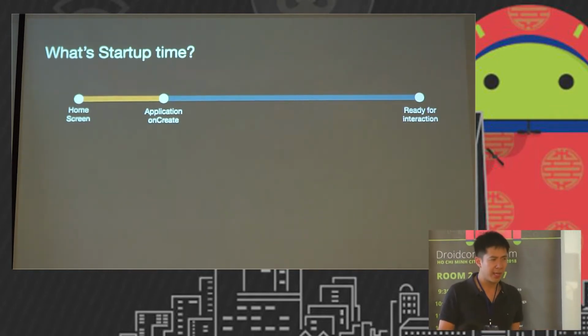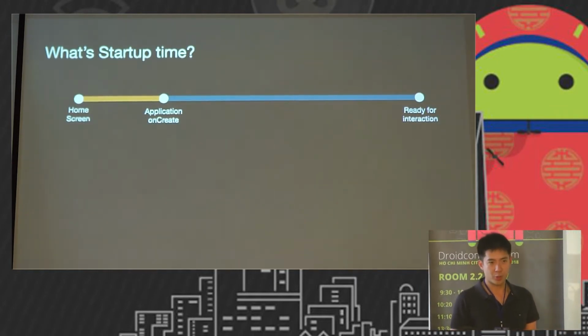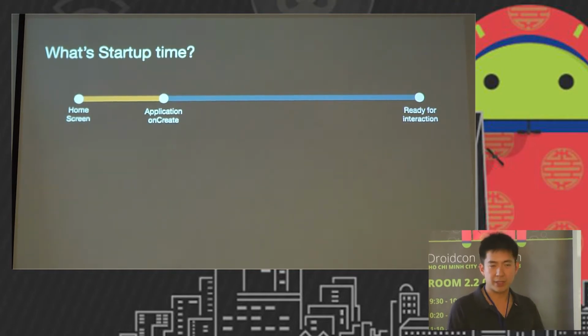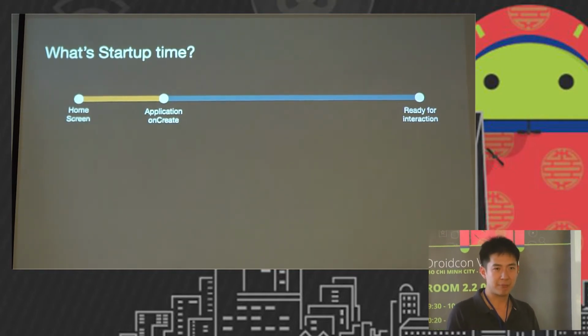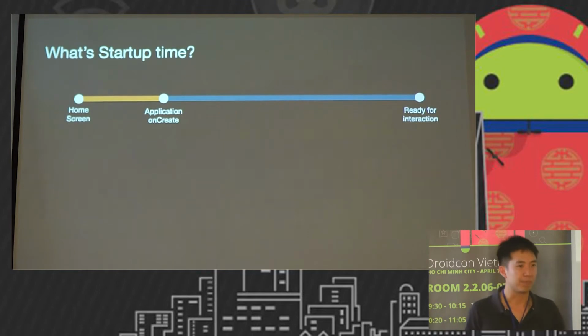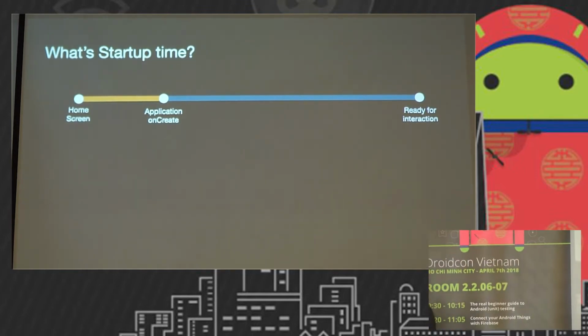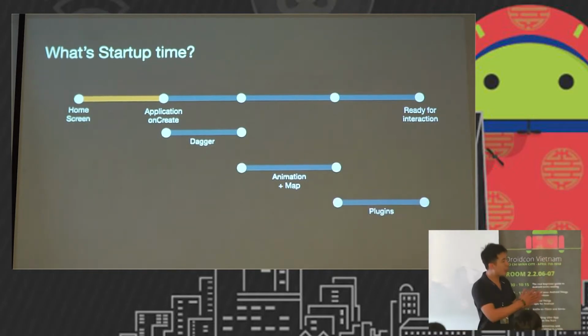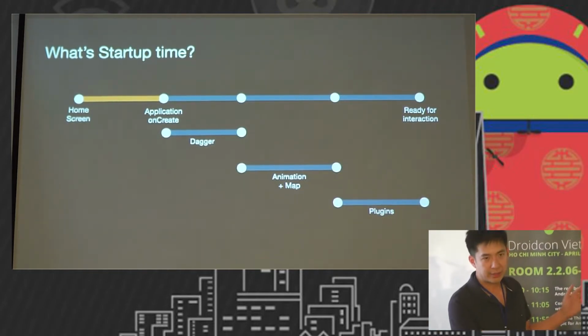Even though you have very little control during this period, it can actually affect your performance quite a bit if you're not careful. One example of how this can affect it is that if the application goes from a single dex to multi-dex, Android has to load way more code and it's going to be a lot slower.